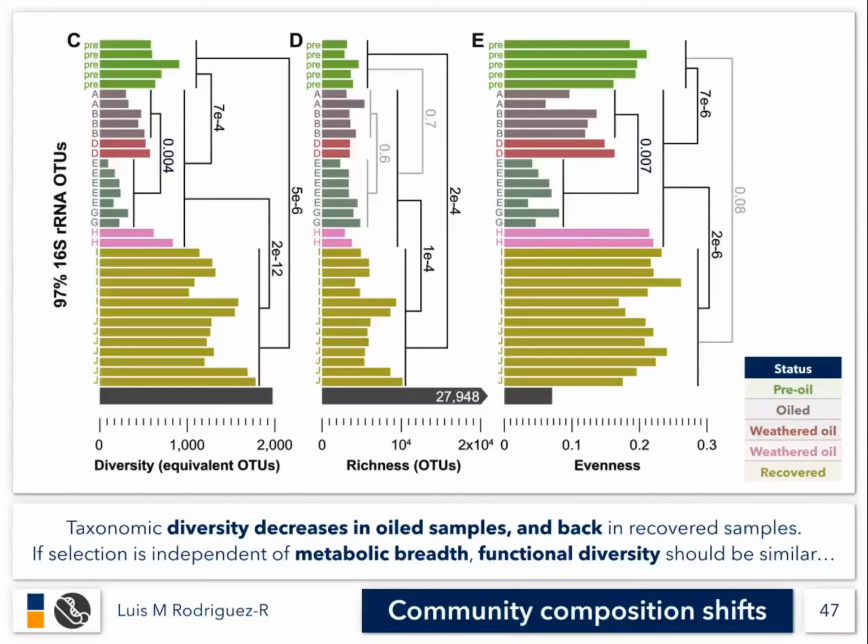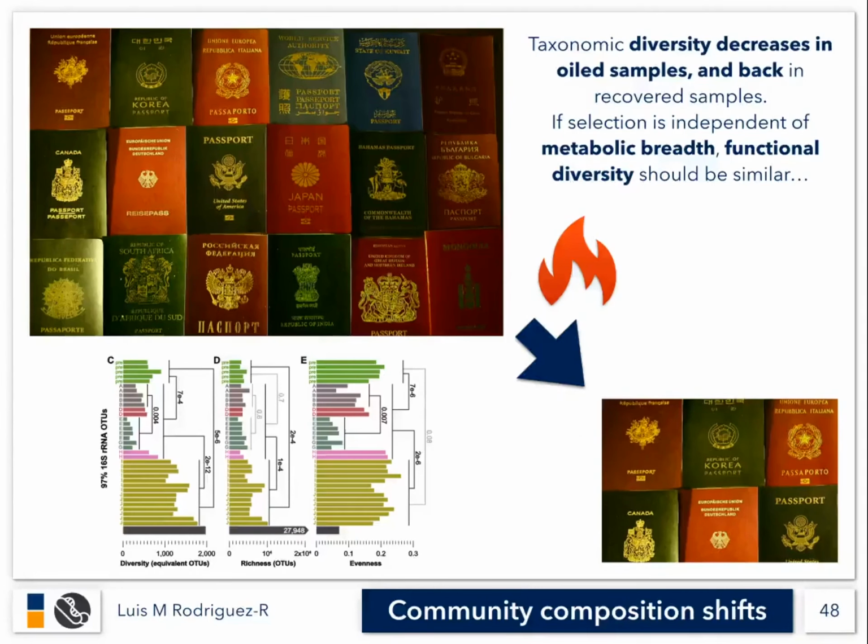For many different reasons, the diversity decreased. So we had a significant decrease in taxonomic diversity when the oil reached the shoreline, and then it came back afterwards, right? In the year after that, the diversity was recovered.